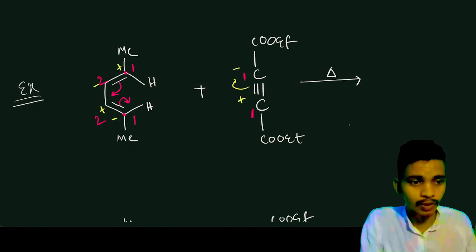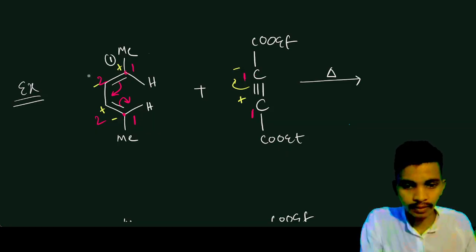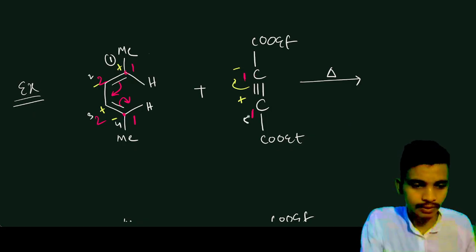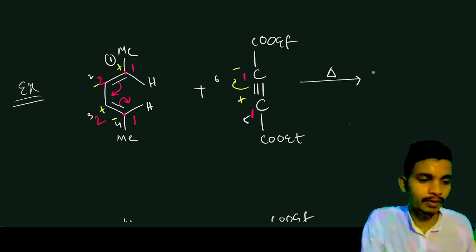And if you are confused about how the bond is formed, then just name it. Here this is 1, this is 2, this is 3, this is 4, and this is 5 and 6, meaning a six-membered ring will form.